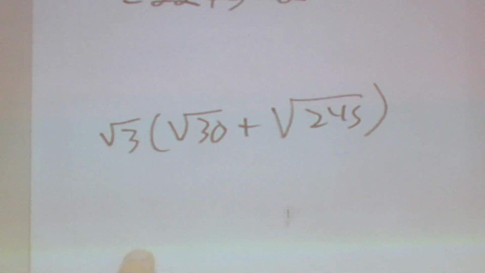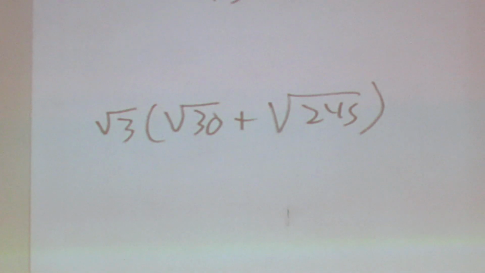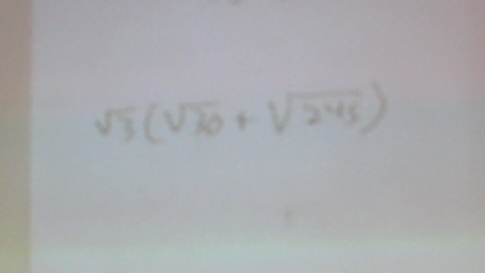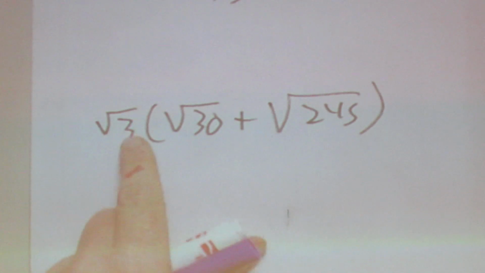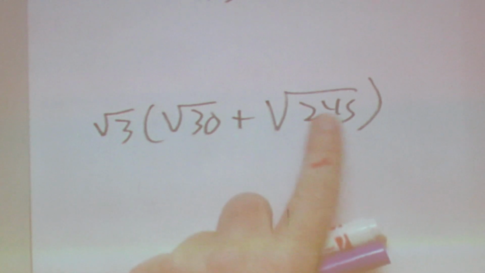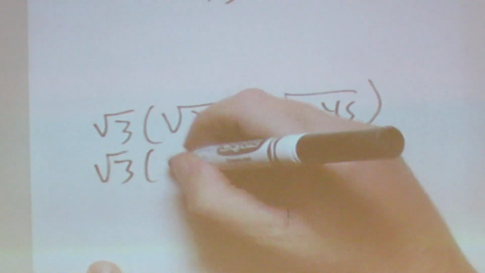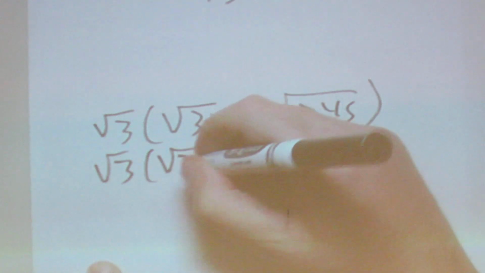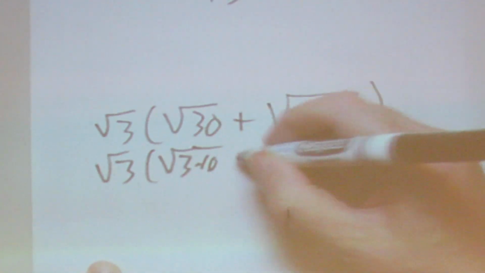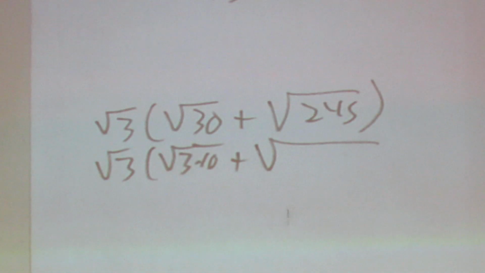Then we have one like this, where we have square root of 3 times the sum of square root of 30 plus square root of 245. Best way to do this, 3 does go into 30. It doesn't go into 245, but let's change this one first to square root of 3 times 10 plus square root of, 49 will go into 245.